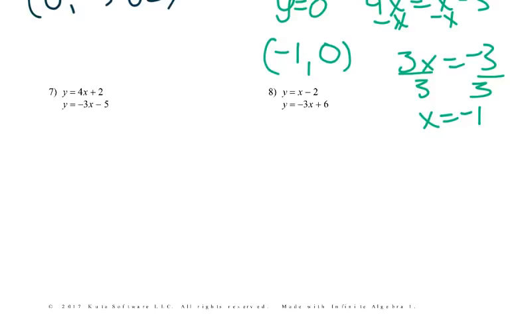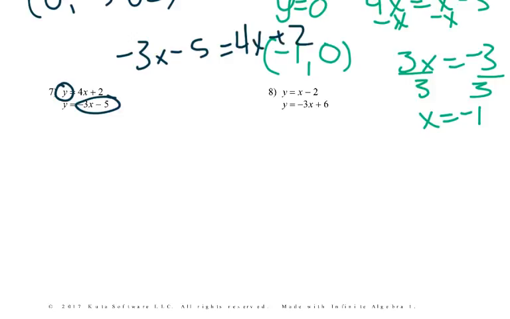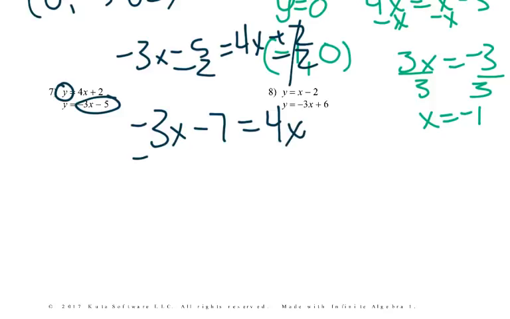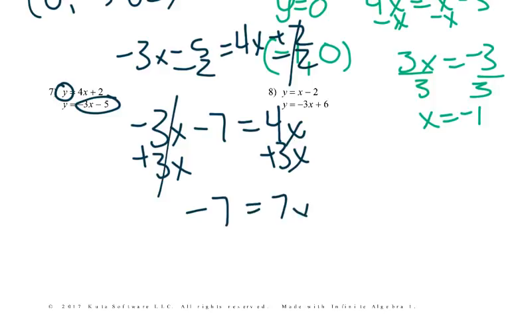Okay, number 7, same idea. So we can take this -3x minus 5 and replace that y with it. So that equals 4x plus 2. So we could subtract 2 from both sides. So we'd have -3x minus 7 equals 4x. Add 3x. We'd get -7 equals 7x.